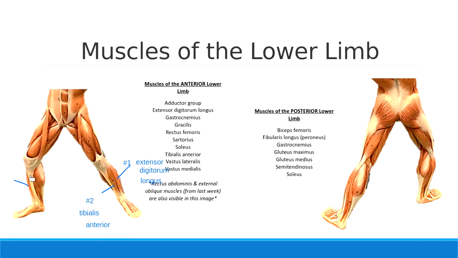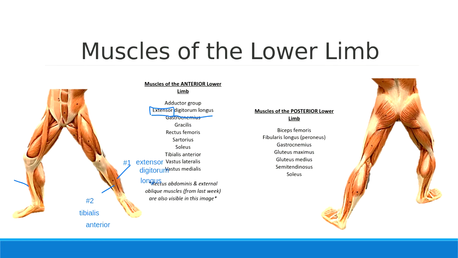So big idea that we've mentioned: the two main ones on the front side of the leg are the extensor digitorum longus and the tibialis anterior. Tibialis more medial, extensor digitorum longus more lateral, farther toward the outside. By the way, the name extensor digitorum longus is another one that tells me what it does. Extensor means it's going to help me to extend something. It gets a little bit funky when we're talking about flexors and extensors in the foot.